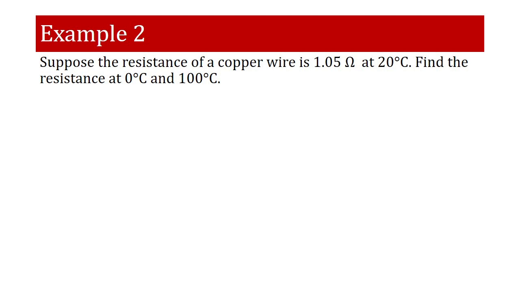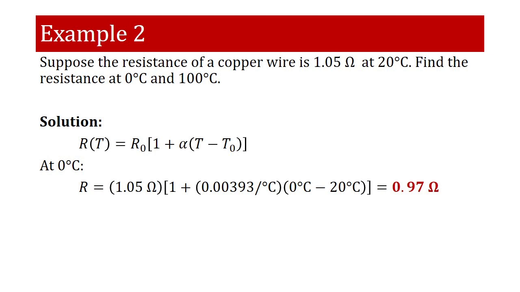The solution: the formula is R of T equals R0 times 1 plus alpha times T minus T0. For a temperature of 0 degrees Celsius, our given resistance is 1.05 ohms times 1 plus the temperature coefficient of copper, 0.00393 per degree Celsius, times the given temperature of 0 minus the reference temperature of 20 degrees Celsius. You calculate it, you get 0.97 ohms.